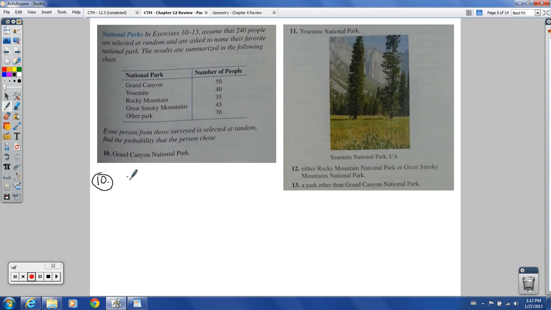So what we want is Grand Canyon National Park out of the total people that responded. So there's 240 total people. Grand Canyon National Park would be 50. So you have 50 out of 240. Remember, if they have the same number of zeros, you can always get rid of those zeros. So this becomes 5 out of 24.